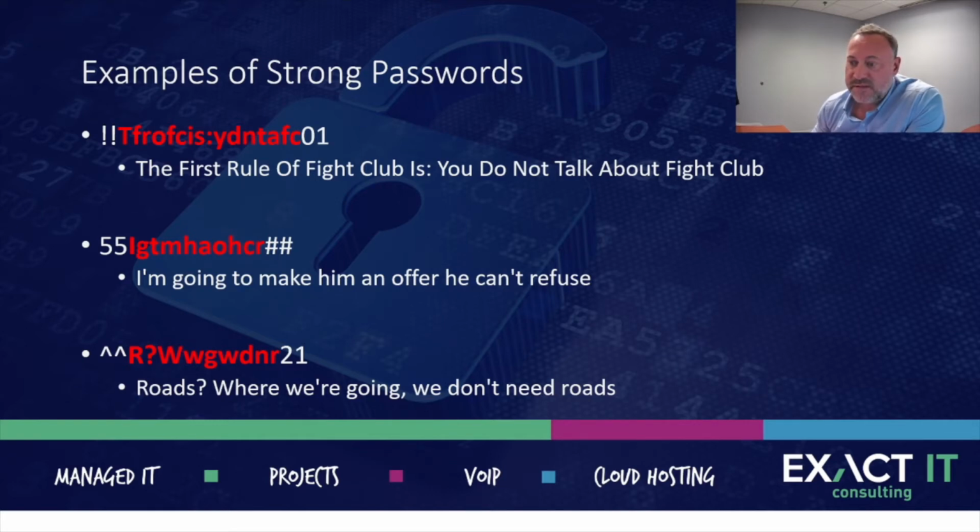The second one is from the movie The Godfather: I'm going to make him an offer he can't refuse. And then the last one is from Back to the Future, where Doc says to Marty, roads, where we're going, we don't need roads. So those are the examples of mnemonic passwords that we put together for this video.